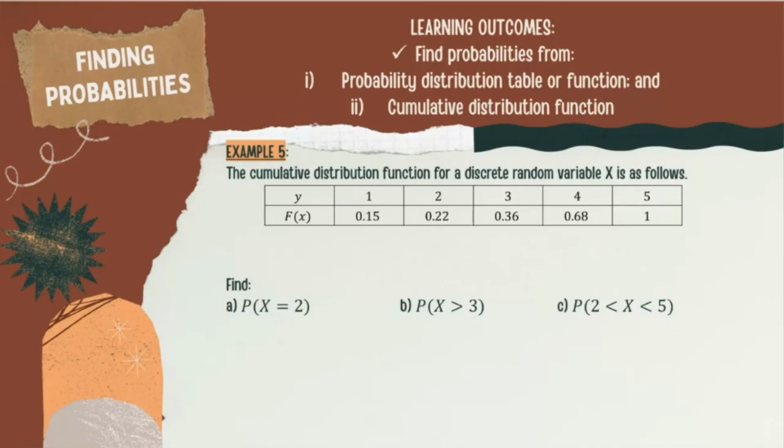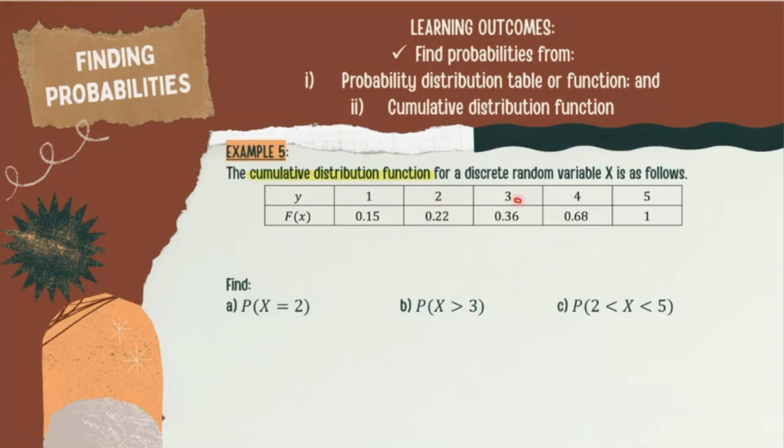Okay, so let's look at example 5. So example 5, dia bagi dekat soalan ini adalah cumulative distribution function. So bila dia bagi cumulative, so ini adalah probability when x equals to 1. Tapi ini adalah probability daripada x equals to 1 tambah p of x equals to 2. So kita akan dapat ini.